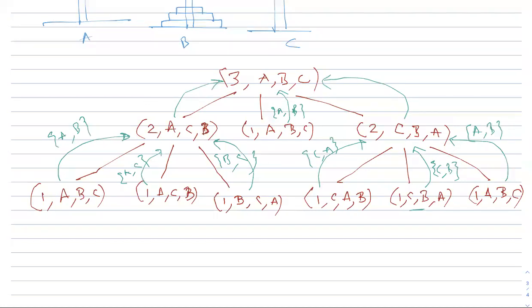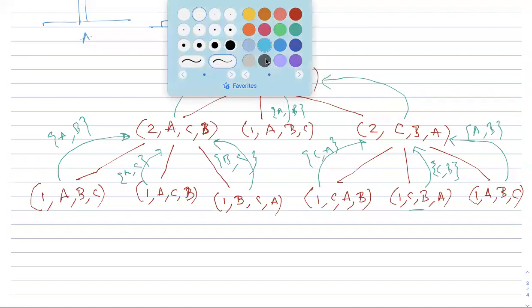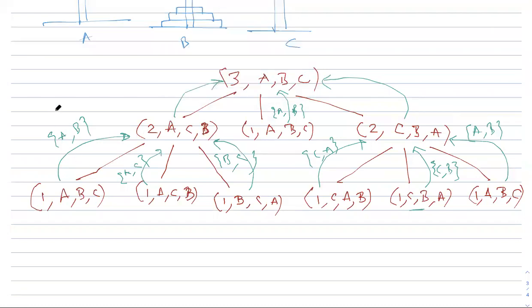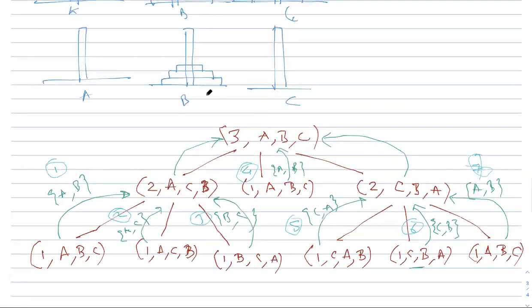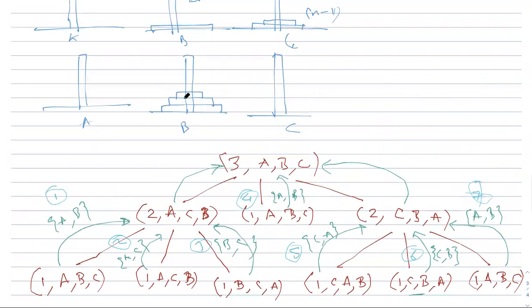So if you see what is going to happen as a result when it comes out, this would be the first, this will be the second, this will be the third, this will be the fourth step, this will be the fifth step, this will be the sixth step, and this will be the seventh step. So it takes 7 steps to get to this configuration that we want.